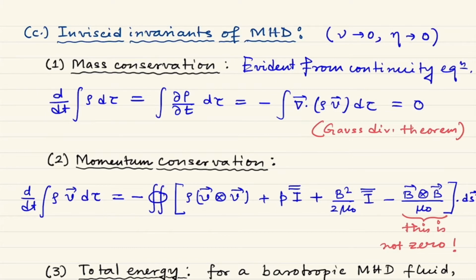Then we have another type of conservation principle, and that's a bit subtle, and that is momentum conservation, which is trivially true for a hydrodynamic fluid. Here there is a trick, because this is a vector conservation.